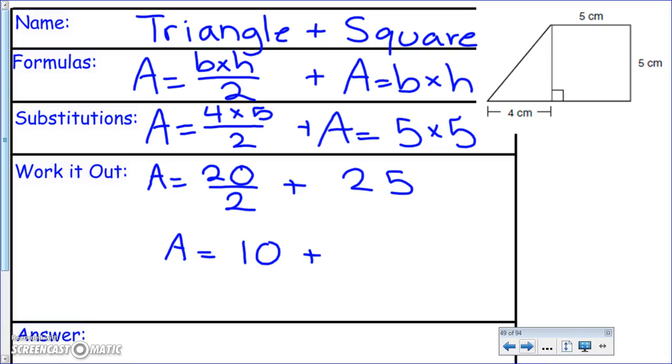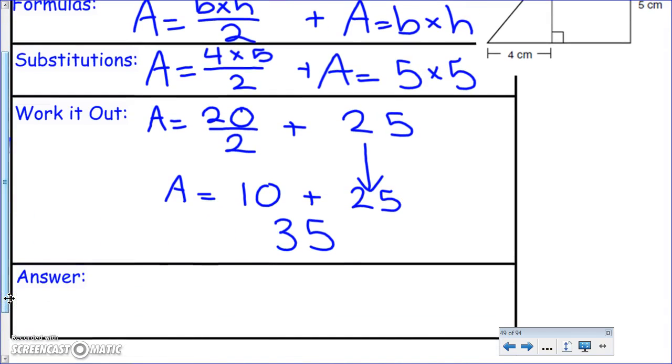And then we're just going to bring that down so we can add it to the 10. And we know that 10 plus 25 is 35. So our answer here is 35 centimeters squared, and we're going to write that in the answer block.